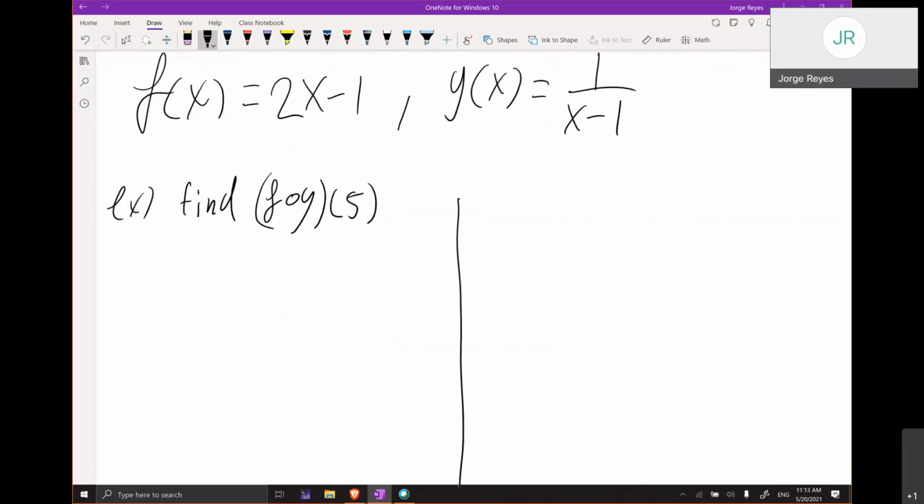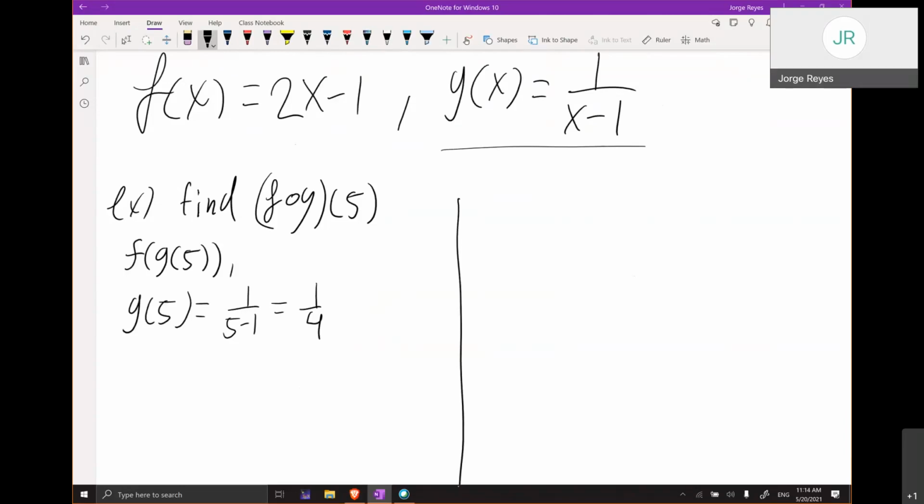Option 1 is this is f of g of 5. So you can just do this in pieces. You can find out what g of 5 is. So you plug 5 into this thing. So 5 minus 1 is 4, so 1/4. Then g of 5 is 1/4.